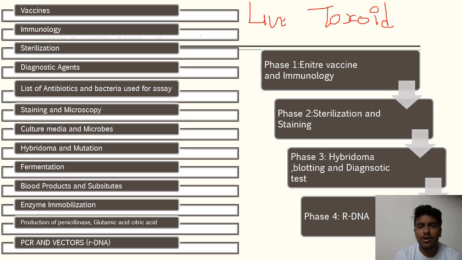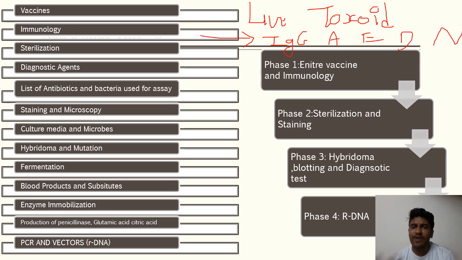Next up comes immunology. From immunology, you need to know the difference between the 5 types of immunoglobulin: G, A, E, D, and M. You can name it as GAMED. And the structure of the antibody: it is Y shaped, it has two chains, light and heavy, joined by disulfide bonds. So you need to know the different antibody structures and the different terminologies like opsonization, precipitation, sensitization.